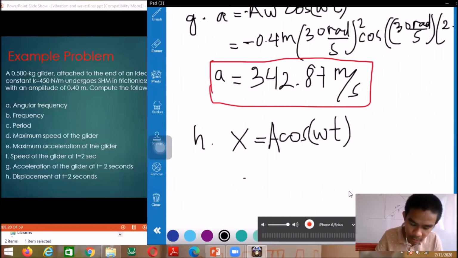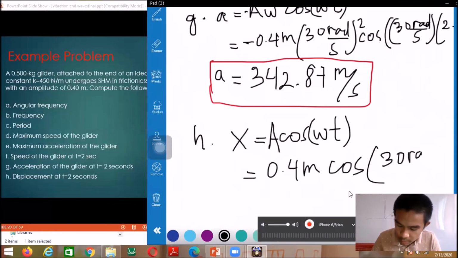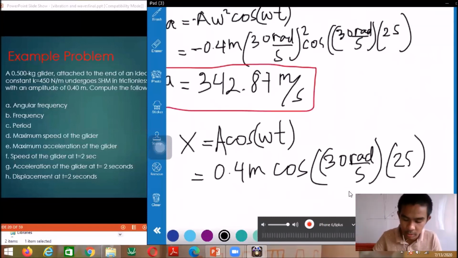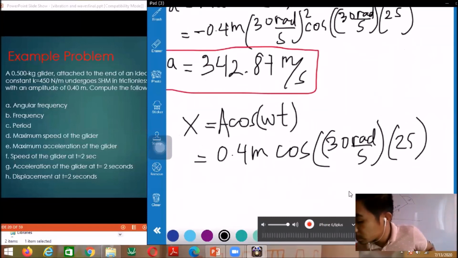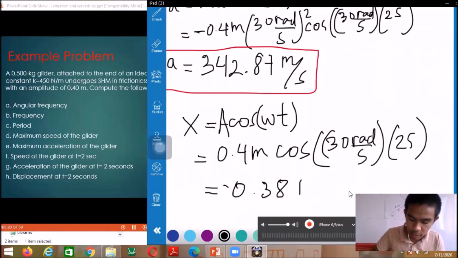So the amplitude is 0.4 meters, cosine of omega, the angular frequency, which is 30 rad per second, times 2 seconds. Right? Let's compute. Then we have the position is negative 0.38 meters.